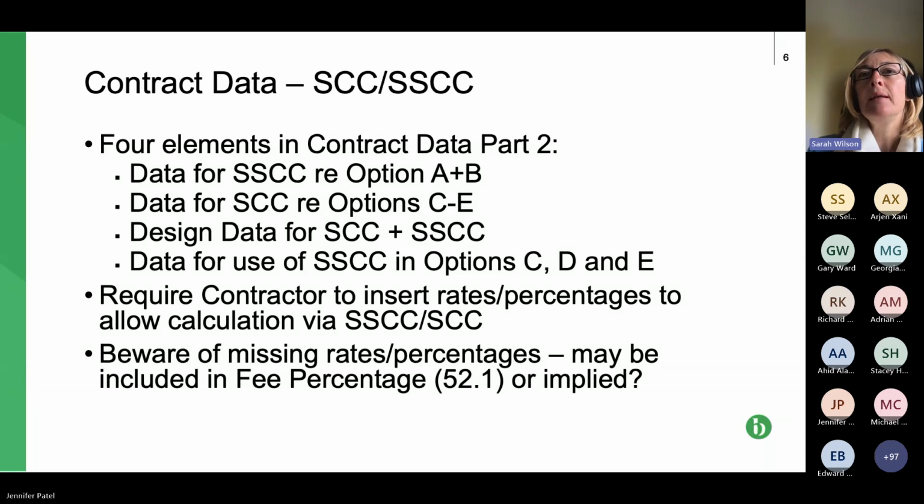So you can see that, for example, the shorter schedule elements need completing if you're on options A and B for those sub-bullet points, number 1, not 2, but 3, and then not 4. Conversely, you need to fill in sub-bullets 2, 3 and 4 if you're on options C to E. So just be careful and make sure you fill in the right ones.